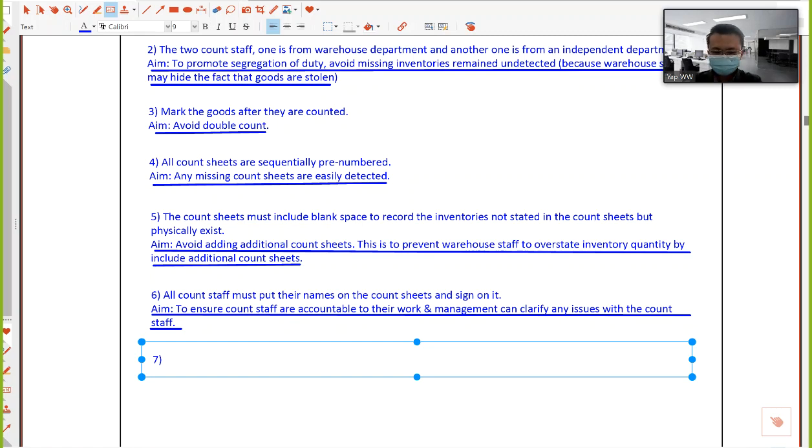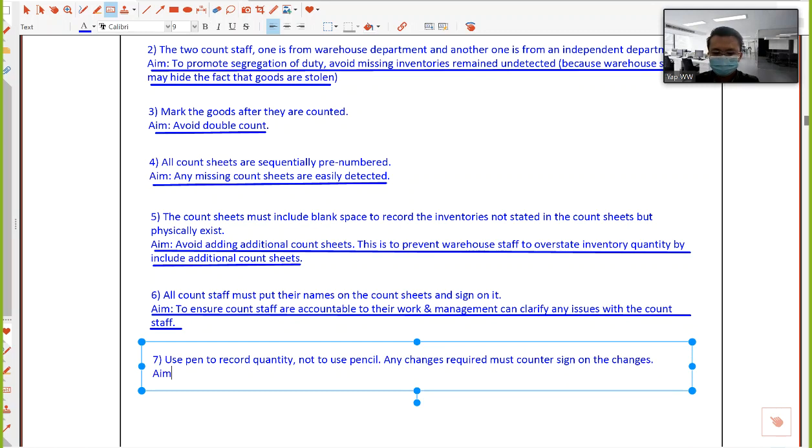Another part is use pen to record quantity, not pencil. Any changes required must be countersigned. Countersign is like you put a very small signature beside the changes that you have made.